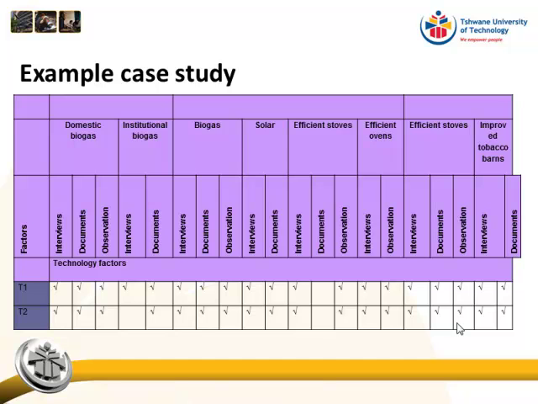When I did the interview with the institutional biogas people, they didn't see that as important, and they actually didn't do it. But then this project actually failed. Whereas with all the others, you can see that in the interviews, I found evidence that it was done and that it was important. Does that make sense?